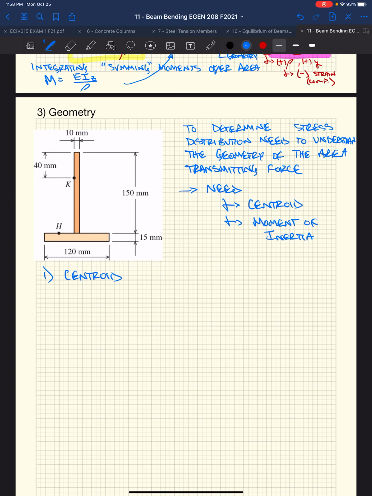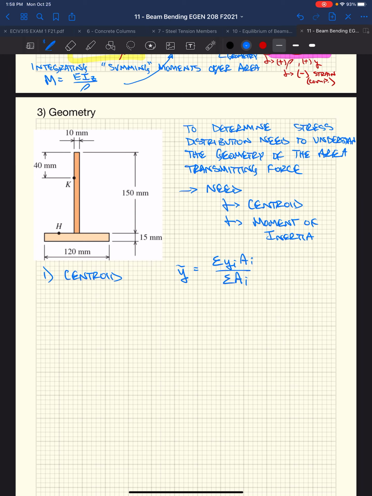The definition of the centroid, or y bar in this case, equals the summation of y sub i, a sub i, over the summation of a sub i. We pick a reference axis, as you did in 203.